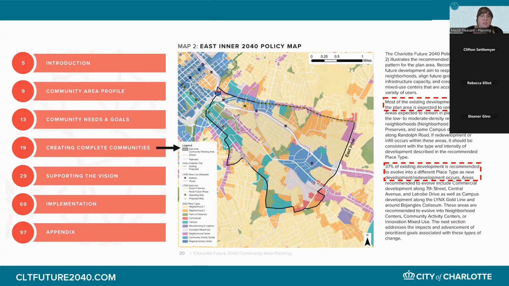So this targeted amount of change will help accommodate that projected growth in a way that does respect neighborhoods and pairs that growth with the infrastructure capacity, but also creates mixed use centers to help increase those access points I mentioned before. So the policy map is expected to change over time.